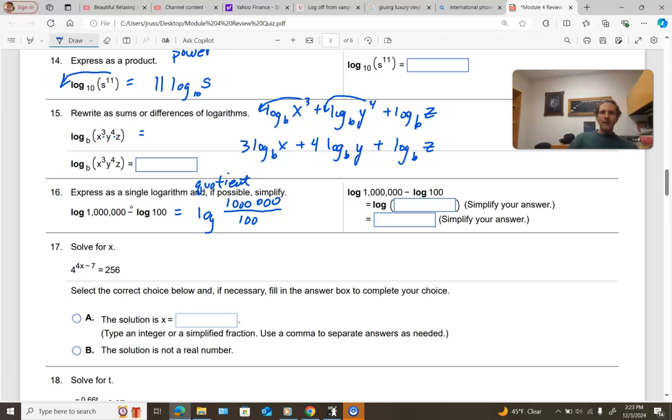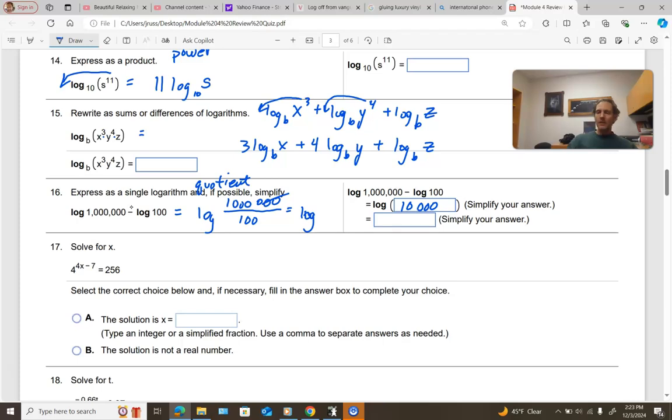And guys, to simplify this, you can divide 1,000,000 by 100, and you're going to get 10,000, I believe, because you just knock off 2 zeros right here. So you'll end up with a common log of 10,000, and that can actually be evaluated.